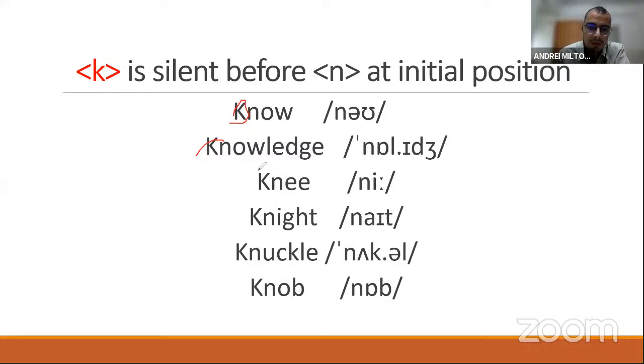It helps us to distinguish words, for example, night versus knight. We call these homophones because they are pronounced in the same way, but we are going to learn this in the next session about homophones and homographs. So just be in touch with us and we are going to keep learning.